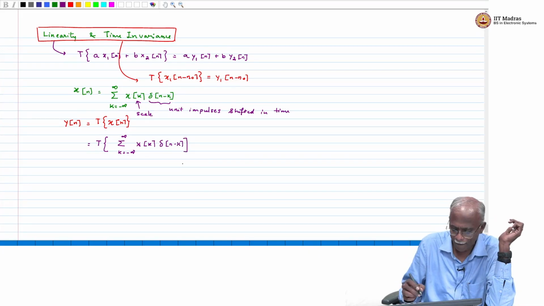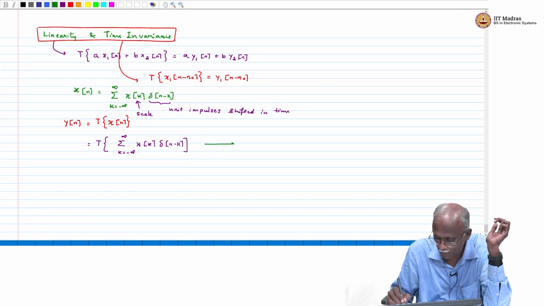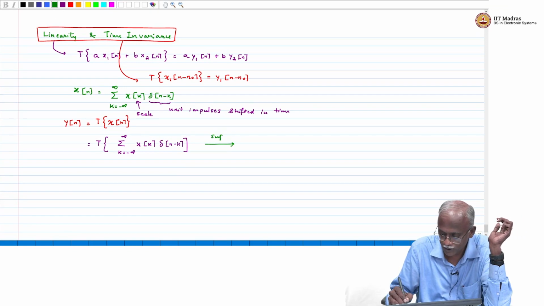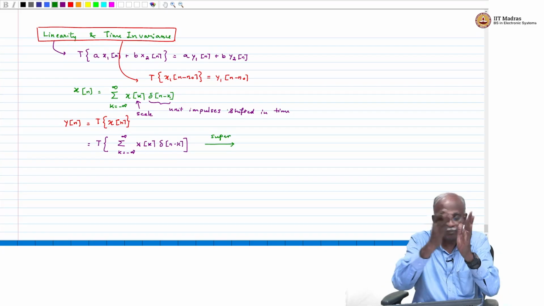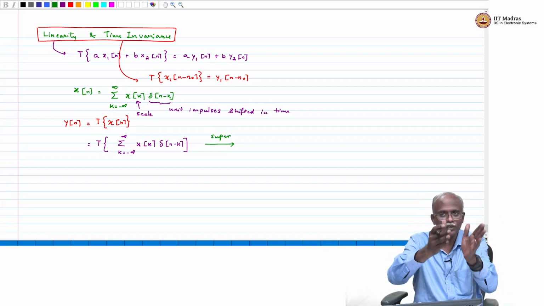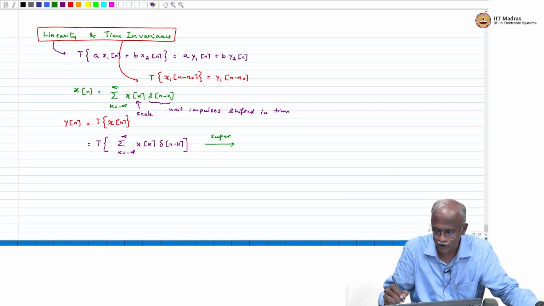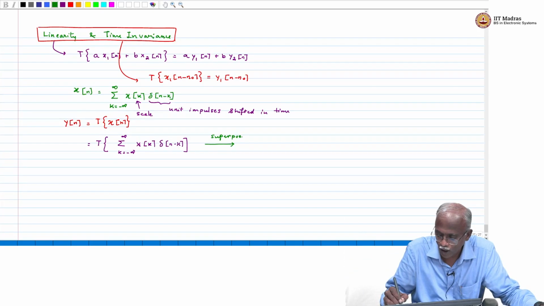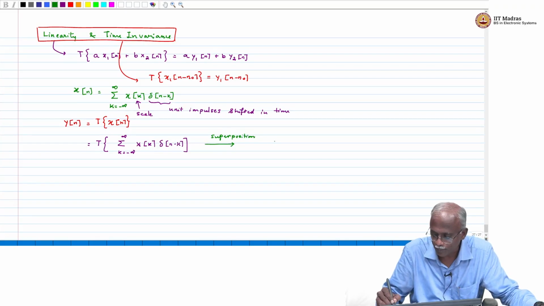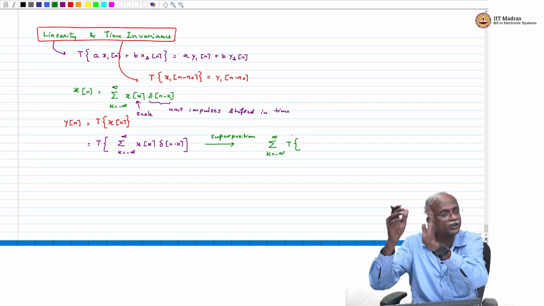Now, by invoking the superposition property, which says for two inputs, I can take the output of the first input and the second input and add their outputs. So, using the property of superposition, I can say that this output will be the same as the summation k equal to minus infinity to infinity of the transformation operating on each of the inputs separately.